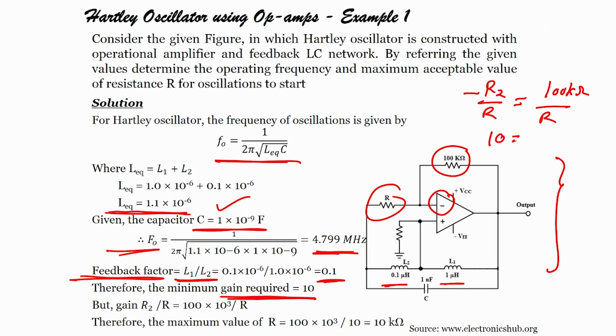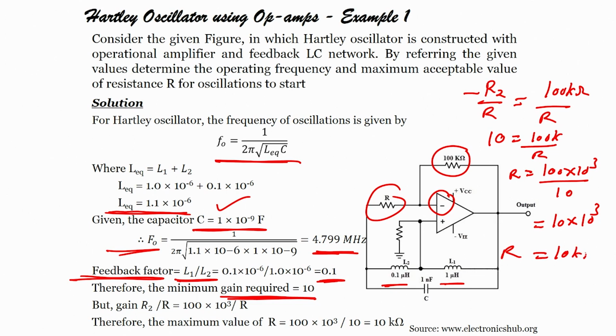So, 10 would be equal to 100 K by R, or R would be nothing but 100 into 10 to the power 3 ohms divided by 10, which gives me 10 into 10 to the power 3, or R equals 10 kilo ohms. This is what we have found here, R equals 10 kilo ohm.